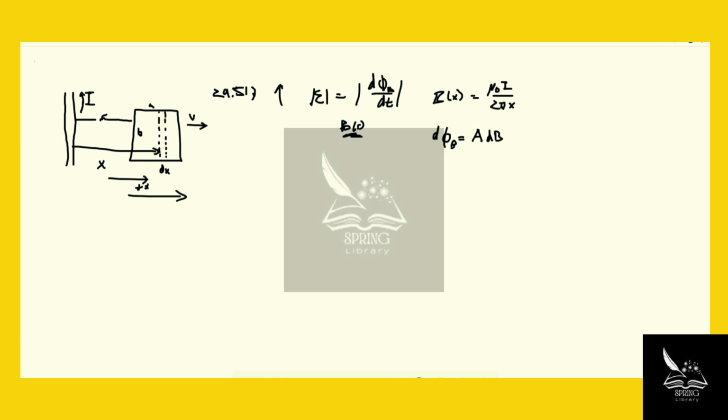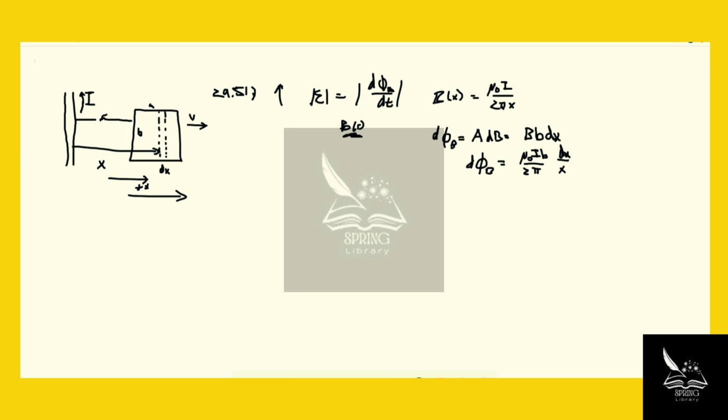So this is dΦ, the same thing as B times dA, which is B times a dx. Now we can write this out again and fill in what B is, so we're left with mu naught I over 2 pi times a dx over x.